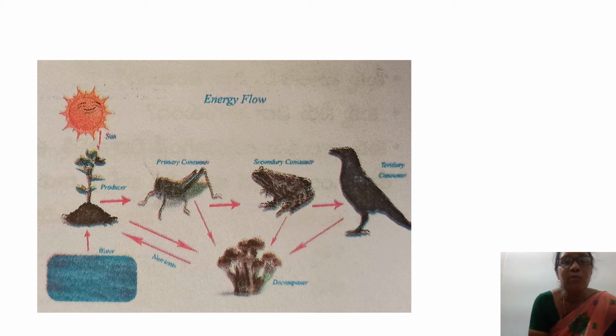Then from any of these, when they are dead and rotten, energy goes to decomposers, which act on them and mix them with the soil. This way energy flows. That's about the energy flow. Do we go to the next picture?